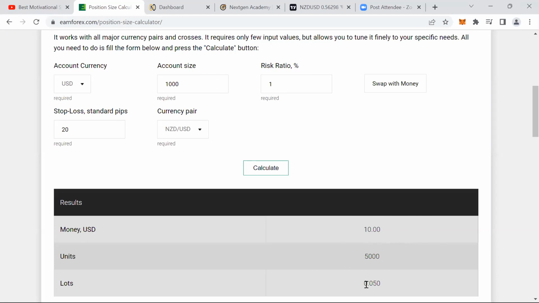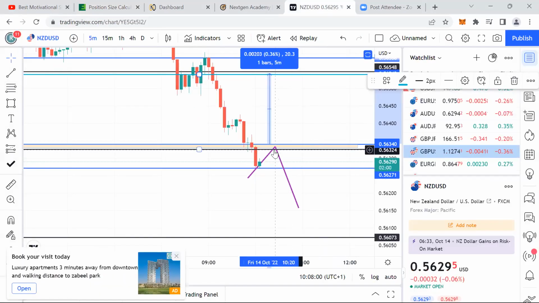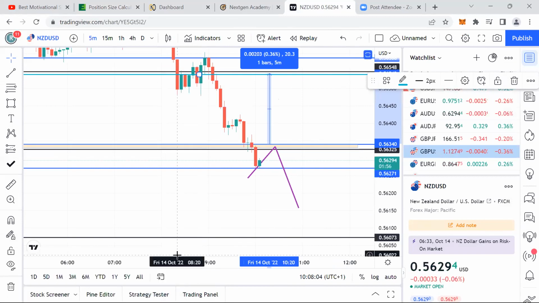So now you have your lot size, you have your stop loss. What should be your take profit? 30 pips from wherever you are in as take profit 1, and take profit 2, 50 pips. So it depends on you. You can choose to do just one position, 0.05.